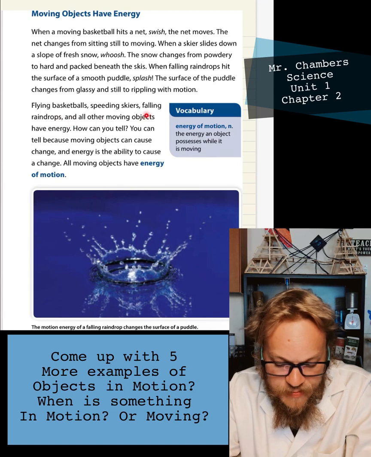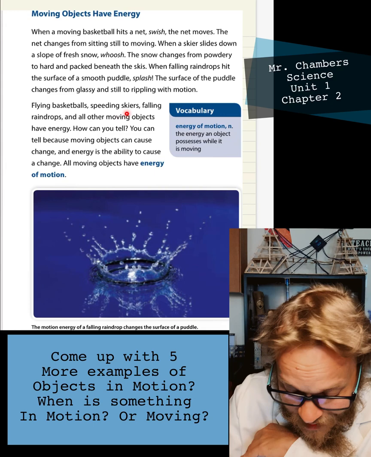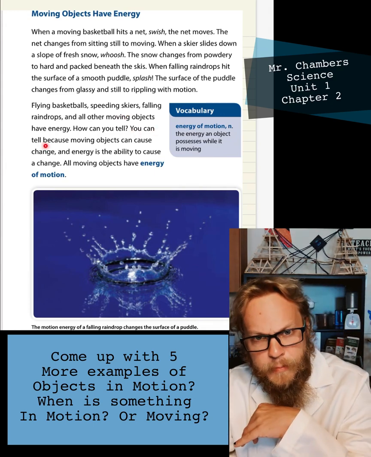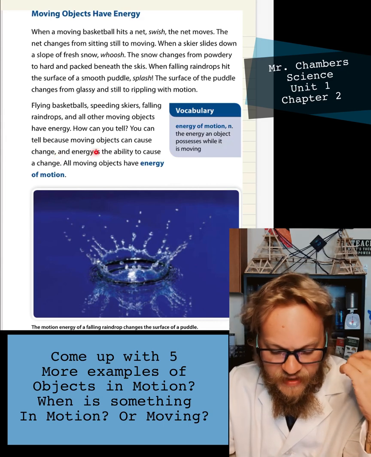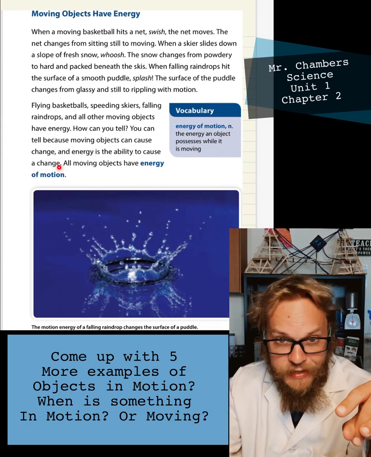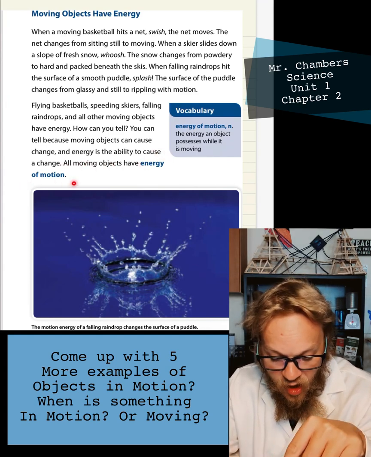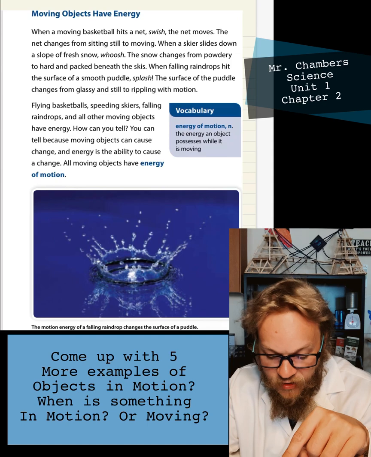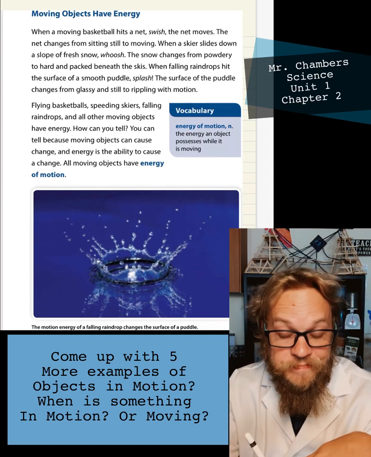Flying basketballs, speeding skiers, falling raindrops, and all other objects have energy. But how can we tell? You can tell because moving objects can cause change, and energy is the ability to cause a change. All moving objects have energy of motion or kinetic energy.